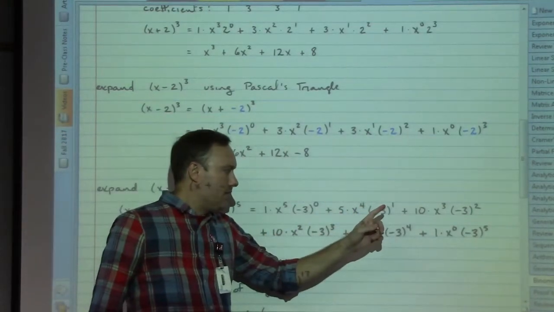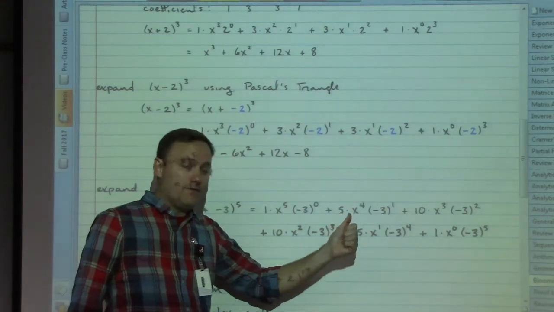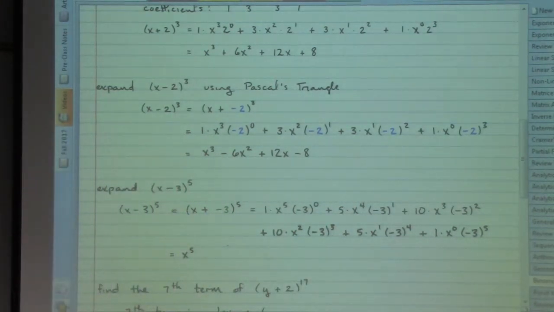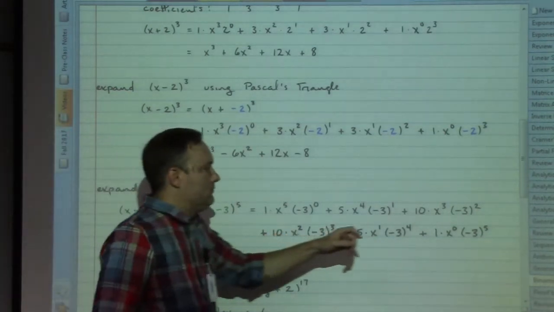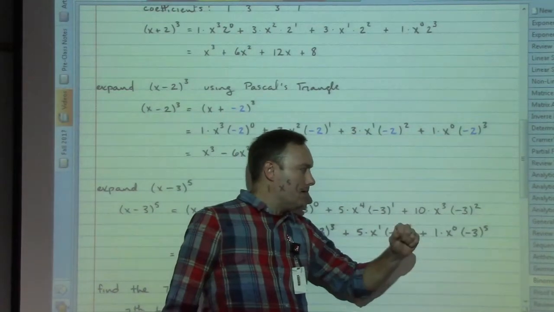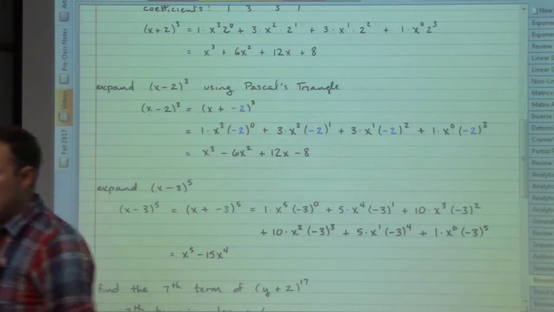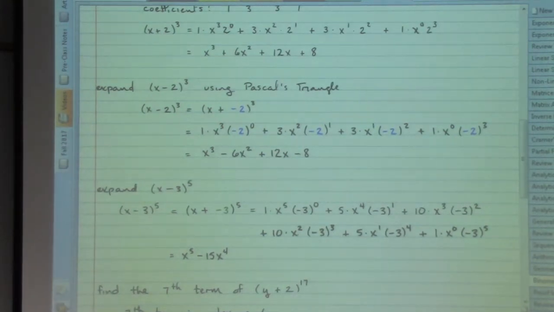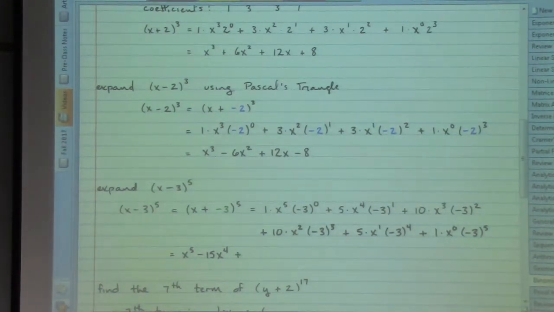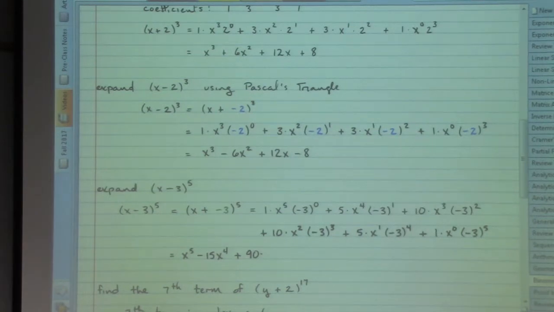A negative 3 times a 5 times an x to the power of 4 would give us a negative or minus 15 x to the power of 4. A negative squared is positive. Positive 9 times positive 10 is a positive 90, or plus 90 times our x to the power of 3.